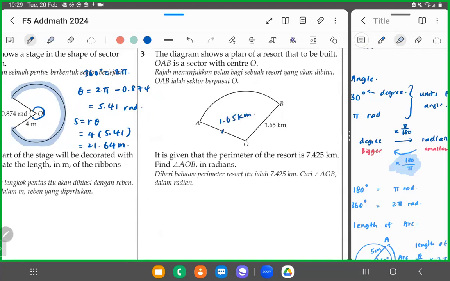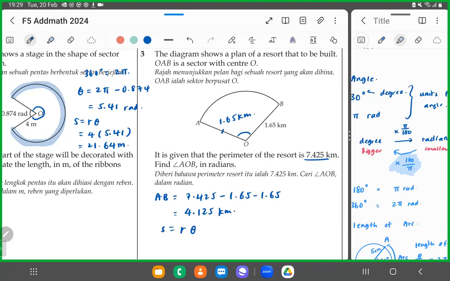Okay, given the perimeter of the resort, find the AB first, then only you can find the angle. AB equals 7.425 minus 1.65 minus 1.65. The length of AB is 4.125 km. Then s equals r theta.